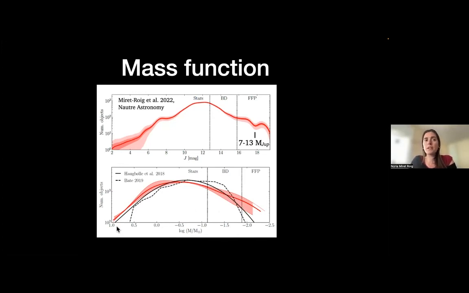And by comparing the results of these numerical simulations to our observations, it is evident that we observe many more free-floating planets than what is predicted from these simulations. And then what we wonder is basically what is the origin of all these free-floating planets.